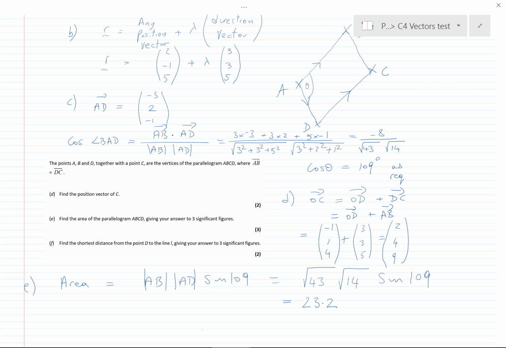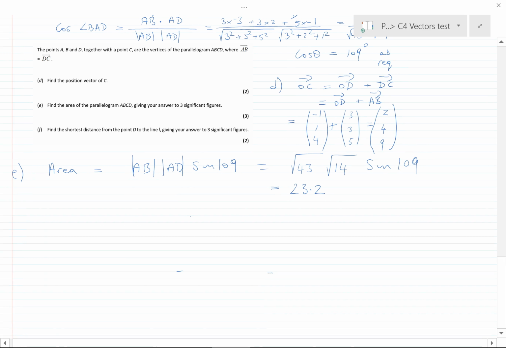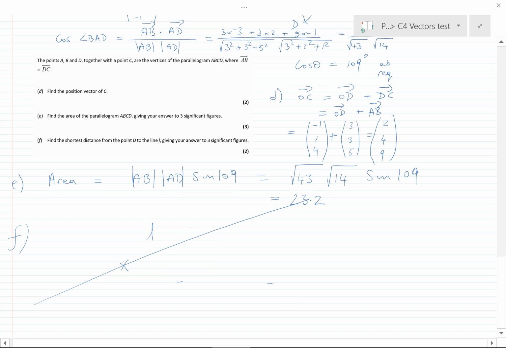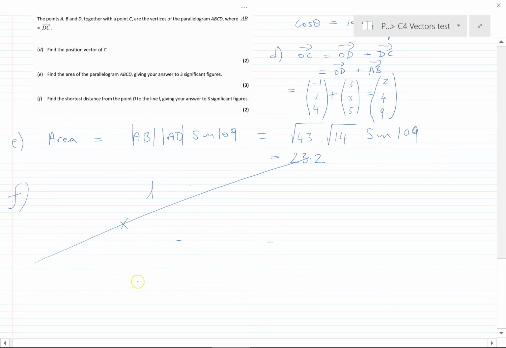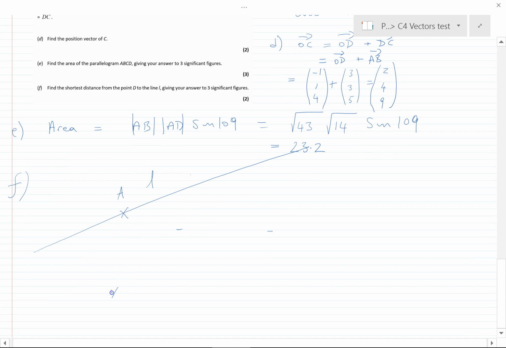Right, now for the question on the shortest distance, and now I'm going to do a diagram here, only 2 marks for it. Right, so we've got our line L1, and we've got a point on that line which we know, that's our point A. But we've got a point D here that we've just found, and we've just found this angle here, 109 degrees.